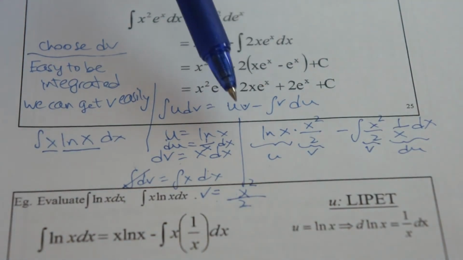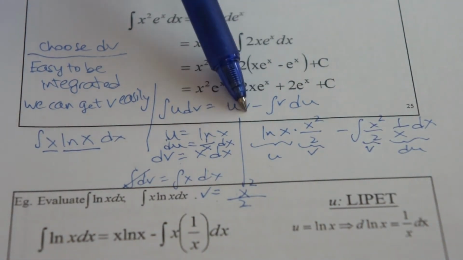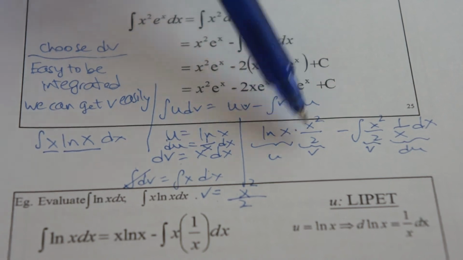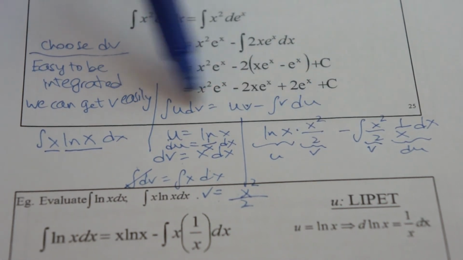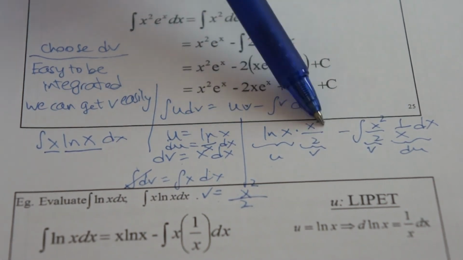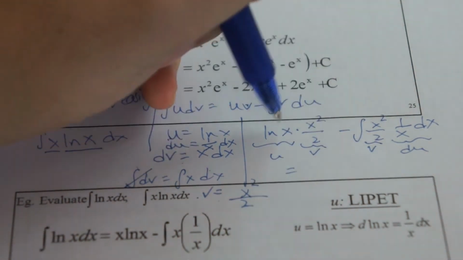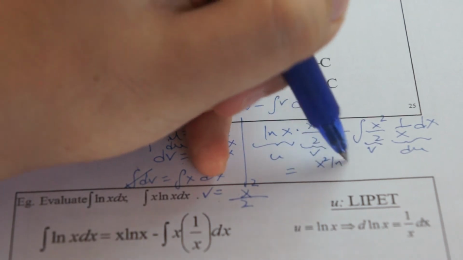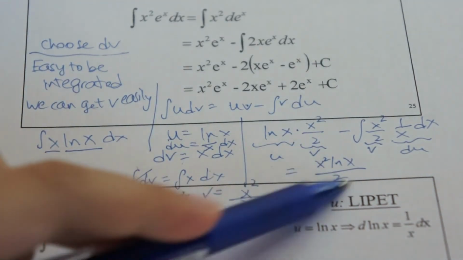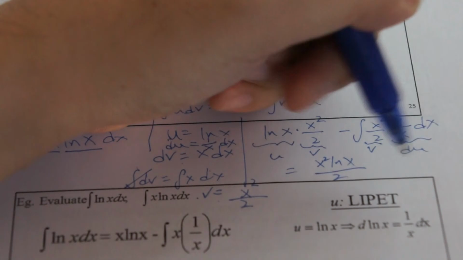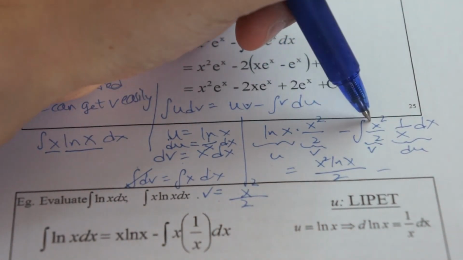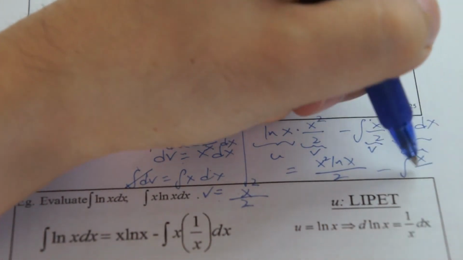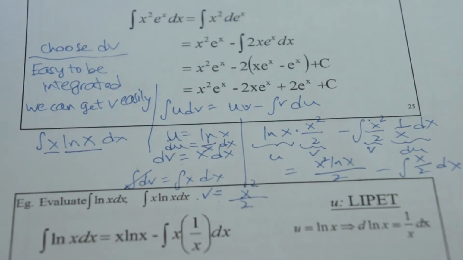So therefore, after we got u, v and du, we substitute inside the integration by parts, and then we can continue. For the first part, we have nothing to do anymore, but just write it down. For the rest, the x squared cancels out, which gives x over 2.